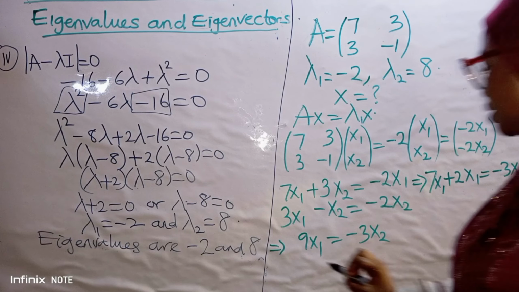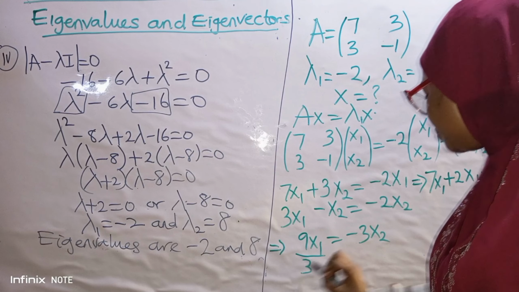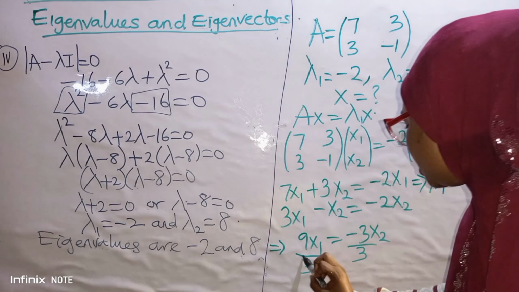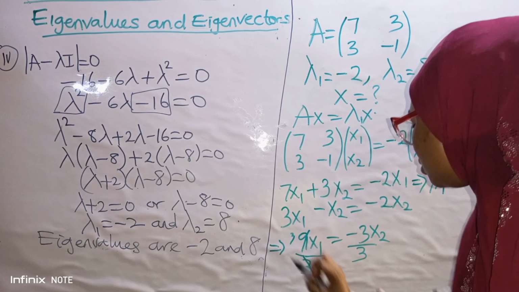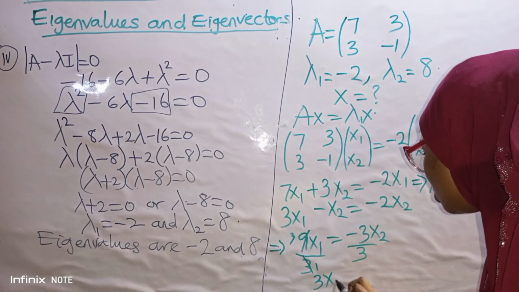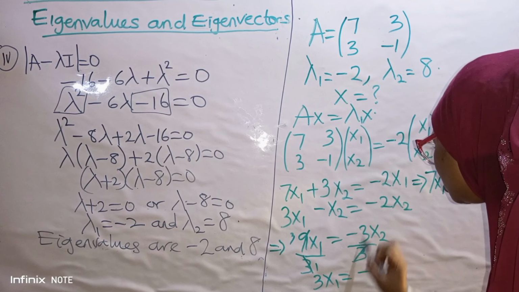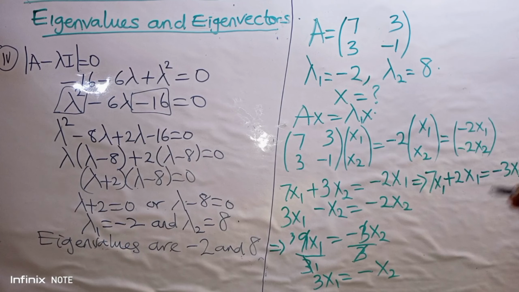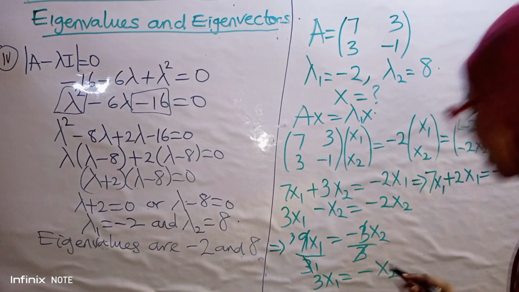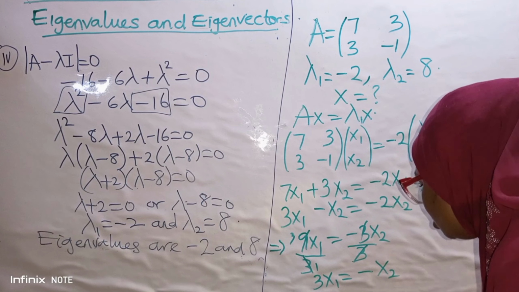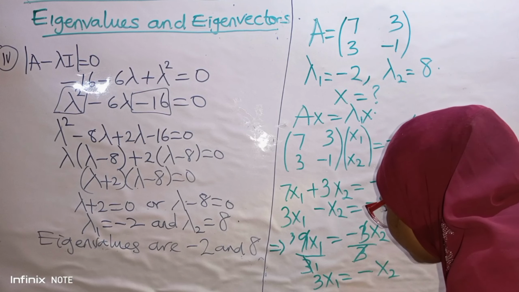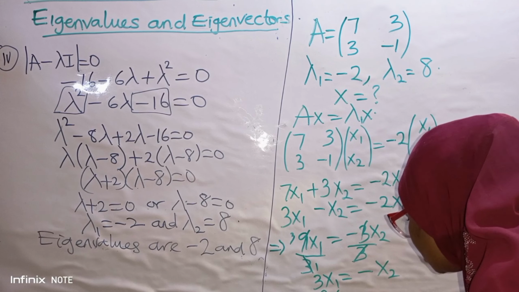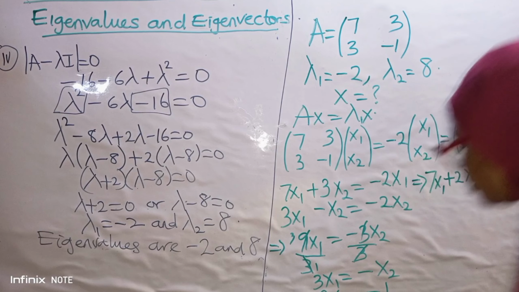So from here, I can divide both sides by 3. If I divide both sides by 3, I have 3x1 is equal to minus x2. Then I can divide both sides by x2, and I have 3x1 divided by x2 is equal to minus 1.